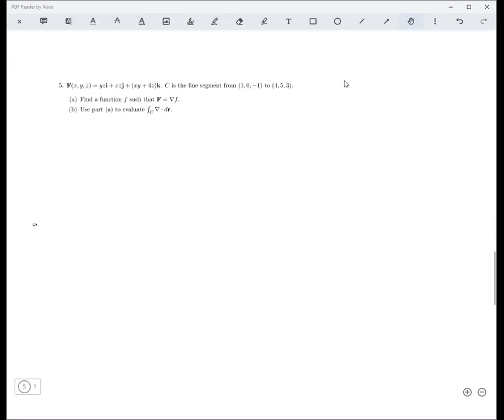And there's not really an easy way to check whether this is a gradient function, like there was when there were 2 variables. But it's just as easy to try to come up with it, and then if it doesn't work, it doesn't work. Just try to calculate it directly, and then see if it works.